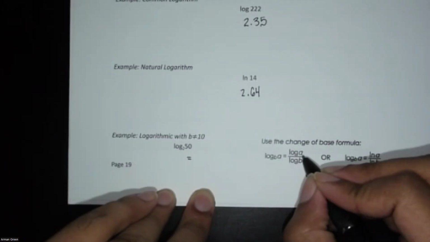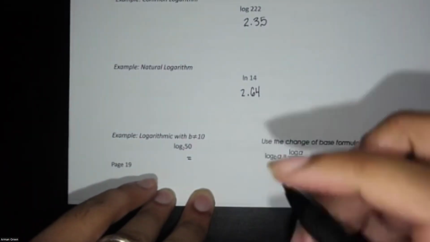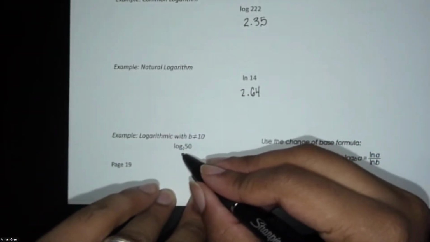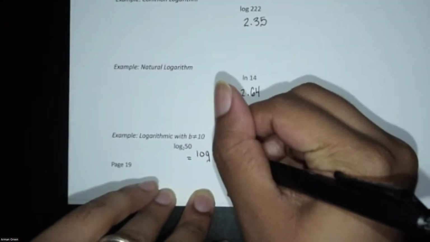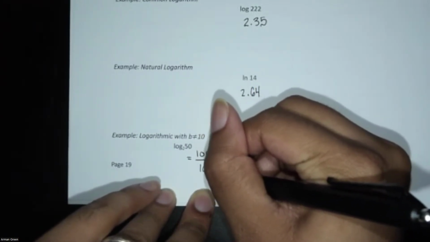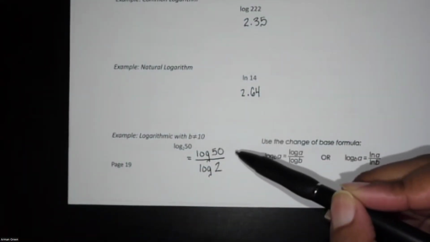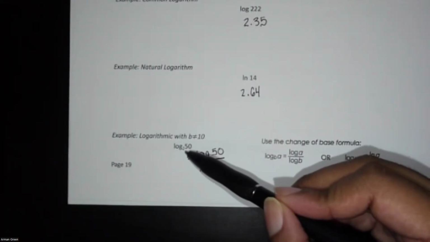We're going to take the log of our value, we're going to divide that by the log of our base. So looking at this example here, if I want to plug this into my calculator, I need to do the log of 50 divided by the log of 2. If I plug this into my calculator, this will give me the correct answer for this logarithm up here.